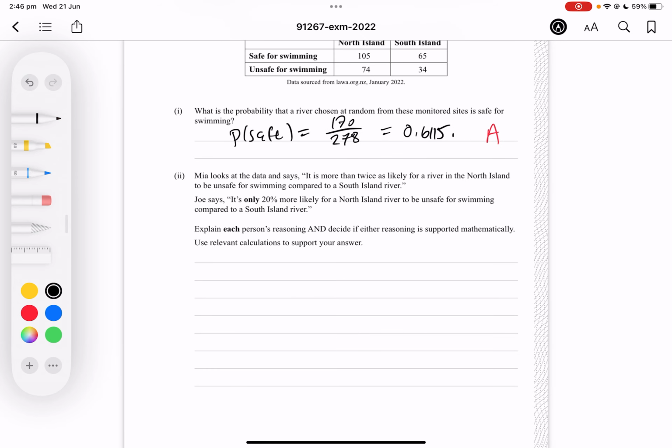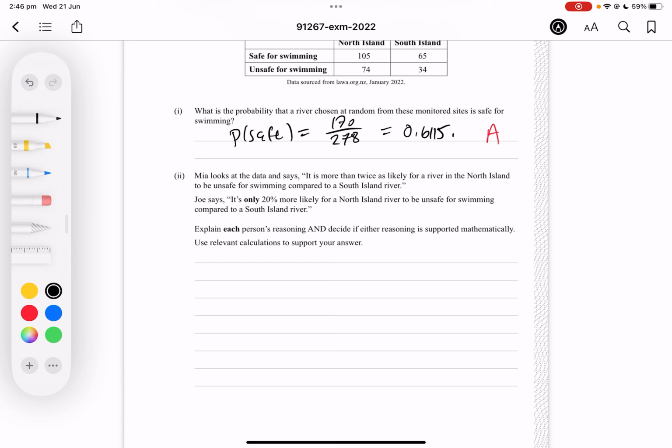Question II. Mia looks at the data and says it is more than twice as likely for a river in the North Island to be unsafe for swimming compared to a South Island river. And Joe says it's only 20% more likely for a North Island river to be unsafe for swimming compared to a South Island river. Explain each person's reasoning and decide if either reasoning is supported mathematically. So we're going to use some relevant calculations to support the answer.